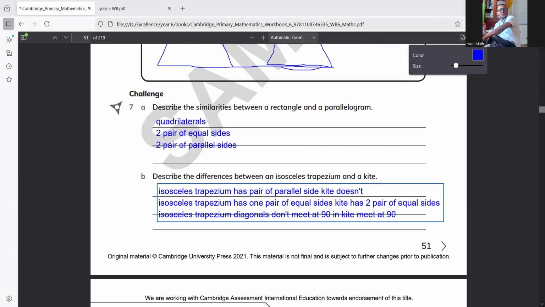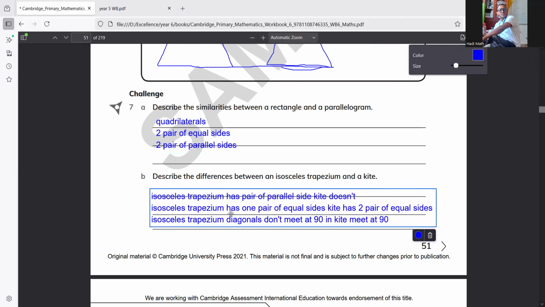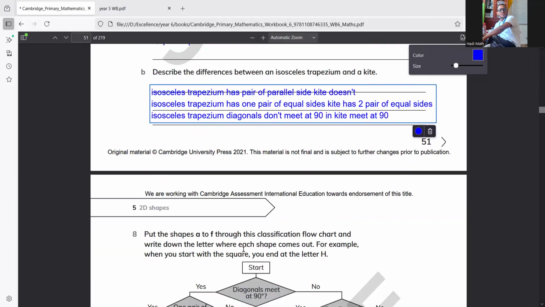Also, this is one of the things that you could say about what? Isosceles trapezium and kite. Let's go to the question after.